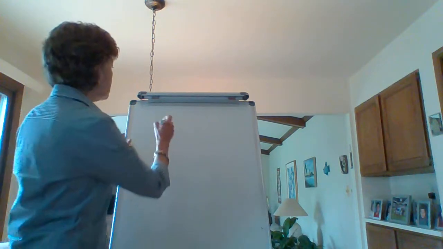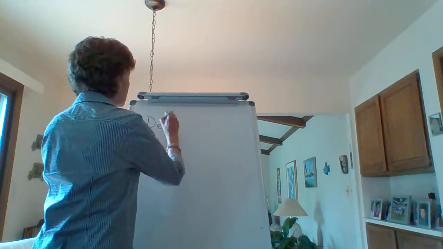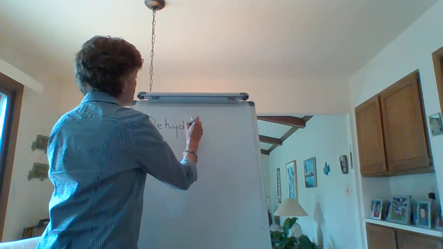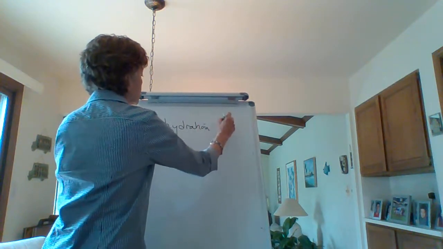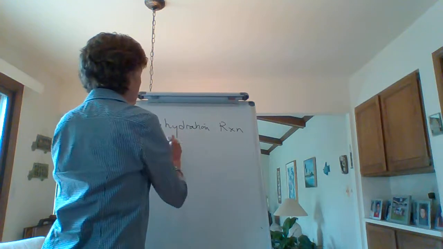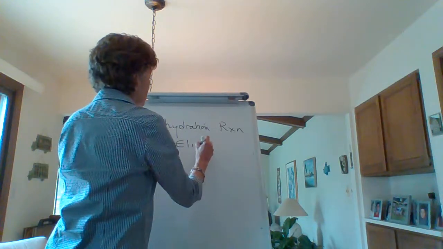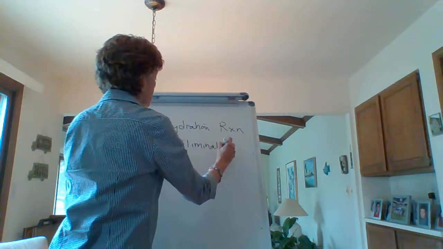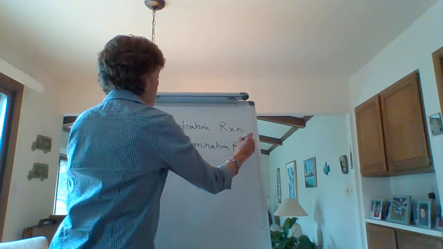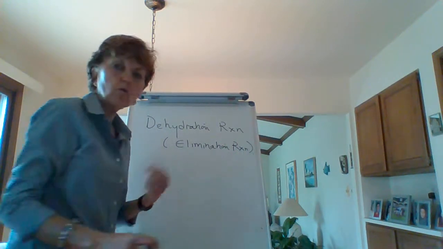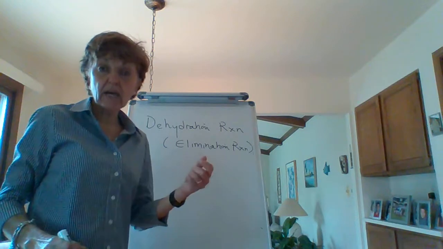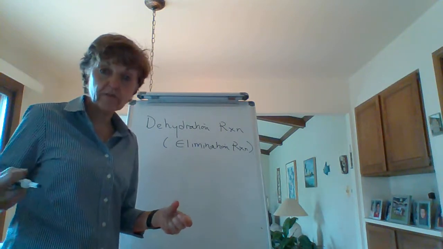All right, so what reactions do alcohols undergo? They undergo something called a dehydration reaction. They sometimes put this as an elimination reaction. What are we eliminating? Water. When you say dehydrate, that means you're removing water. Okay.